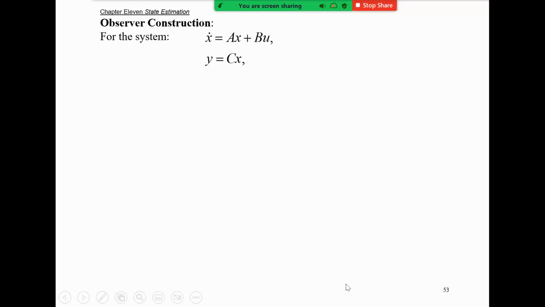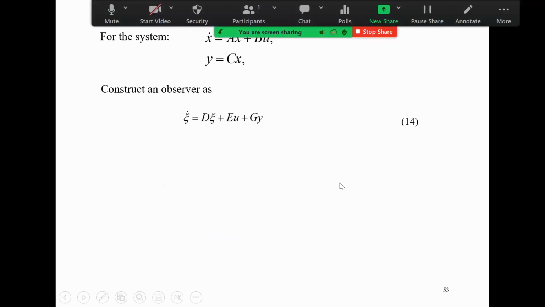All right, let's see how we're going to do that. This is the equation for the original system. We want to construct an observer. We know this observer, of course, will depend upon the input, will depend upon the output, and of course, this ζ will depend upon itself. That will be the general form for any observer. But we can no longer use A, B, C because we're not going to estimate x directly.